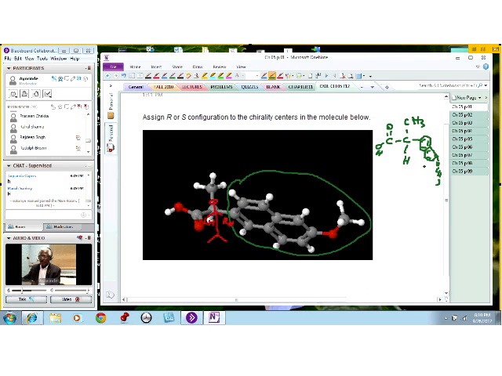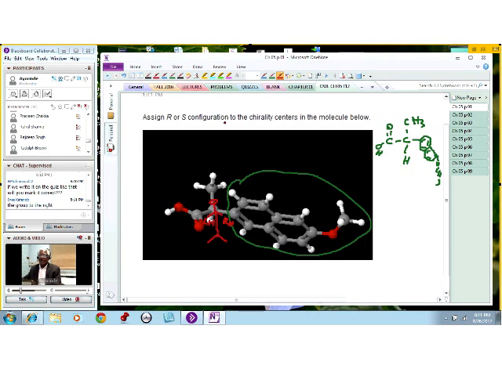Now let us go ahead and determine the absolute configuration of this chirality carbon. Let us make the priority assignment. What is priority A? If we write it on the quiz like that, will you mark it correct?